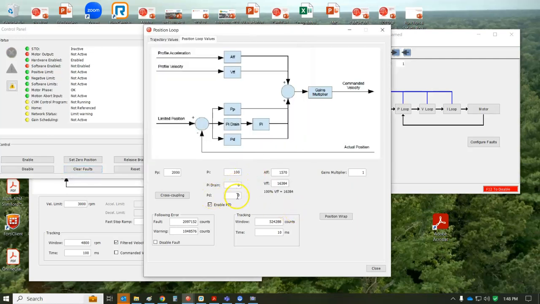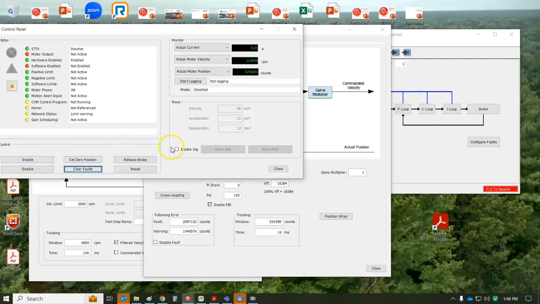And then there's a D term, so you could put a little D term in there. Again, now we're tuning up a PID, so a little bit different philosophy on tuning than a nested loop. But there you go.